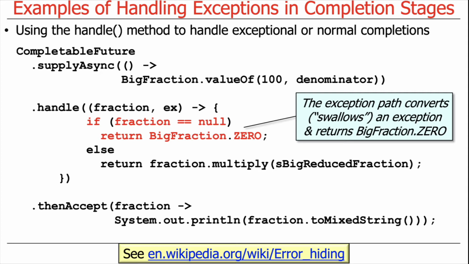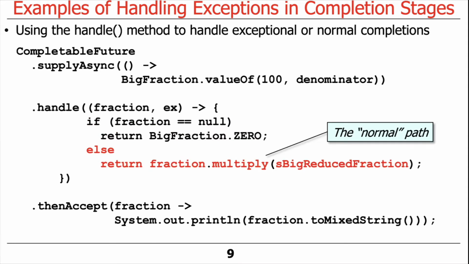So if the fraction is null, then the exception path will swallow the exception, meaning it doesn't propagate. It's called error hiding. And it returns BigFraction.ZERO, which is just a 0. So what we're doing here is converting an exception into a 0. May or may not be the right thing to do. I'm just doing this to illustrate that you could do it.